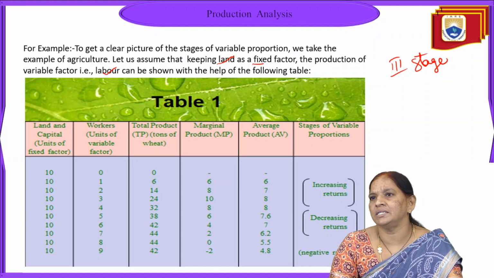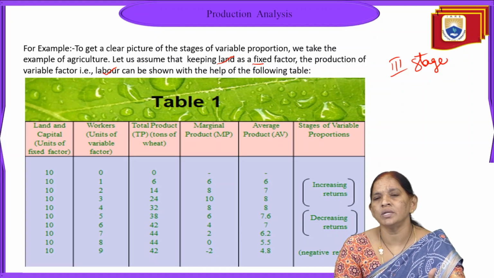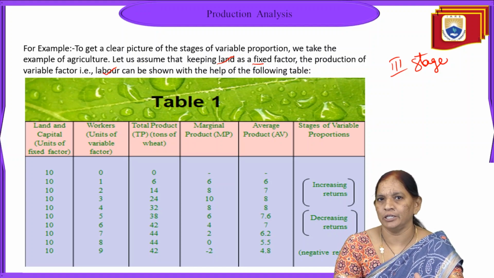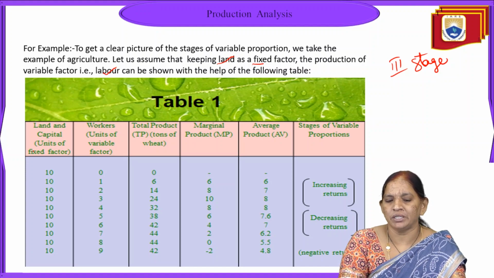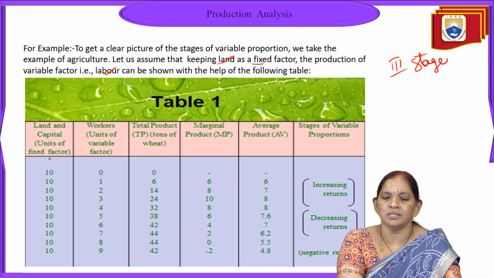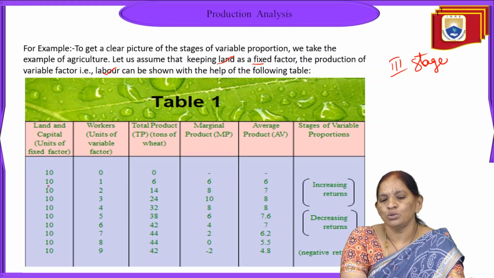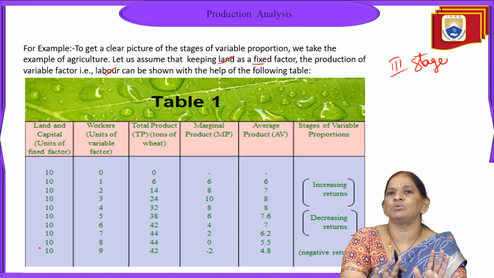So now we'll see this table showing what sort of changes we can identify. In this table, first we have taken the land and capital in units. As the land was fixed, maybe taken as 10 units of land. So whatever the range of production, the total of 10 units is taken. Why?